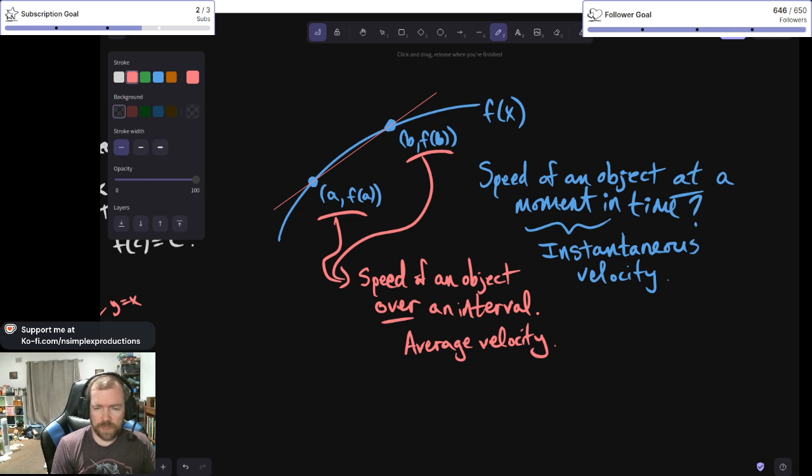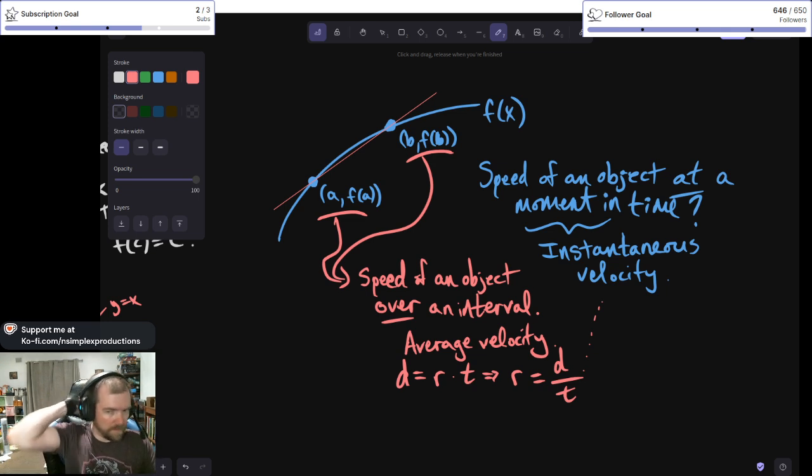So the average velocity of any particular object, as we know, is going to be our distance equals rate times time, or then our rate is equal to distance over time. And that'd be all well and good if we could come up with an instantaneous velocity, but again, just taking distance and time wasn't going to work.